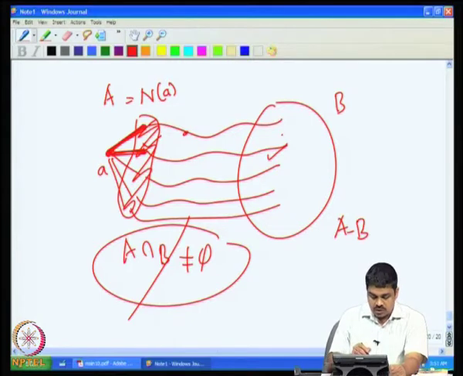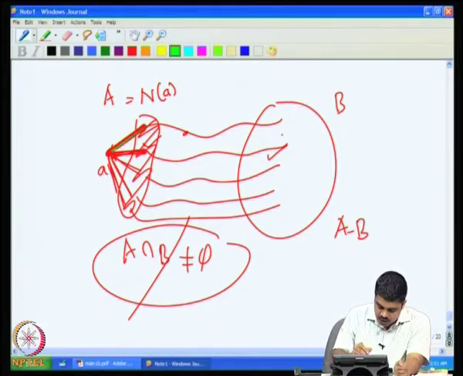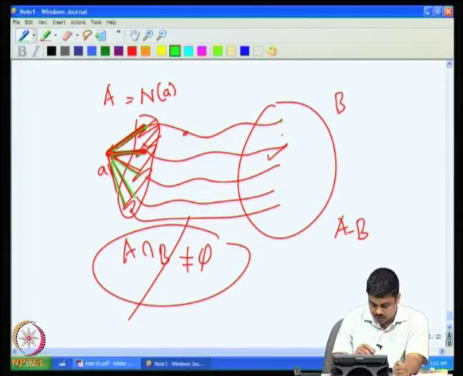Any such path is going to contain a vertex of capital A only once, so it will never contain A. So all these paths can be extended to A, and you will get an AB fan of the same cardinality.